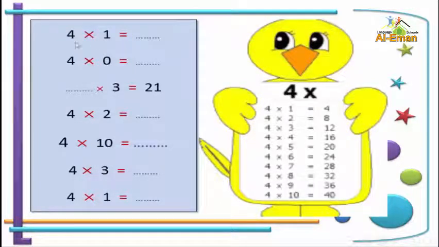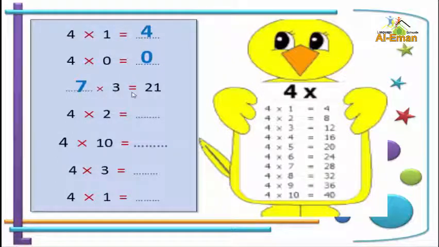Solve with me. 4 times 1 equal 4. 4 times 0. We know that any number times 0 equal 0. Excellent. Which number times 3 equal 21?